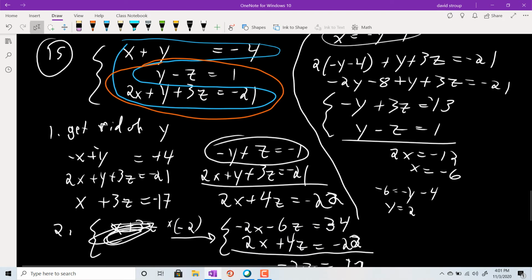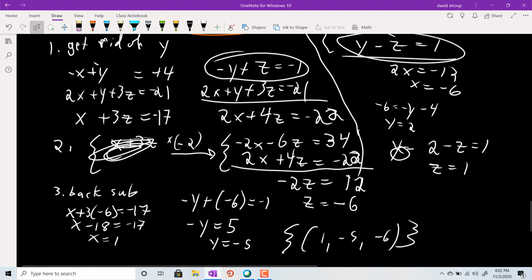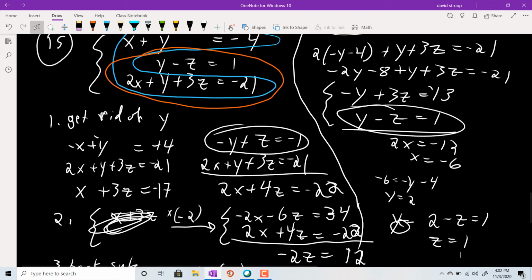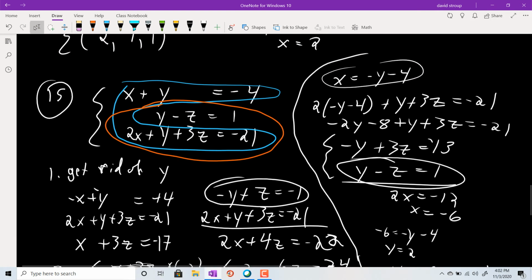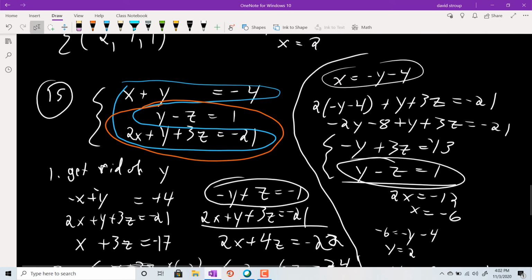And then finally, go back to this equation to get z. So 2 minus z is 1, so bring the z over to the other side and subtract 1. So negative 6, I screwed that up somehow. What did I do? So negative 12. Is x negative 6? No, I guess that's where I screwed up.